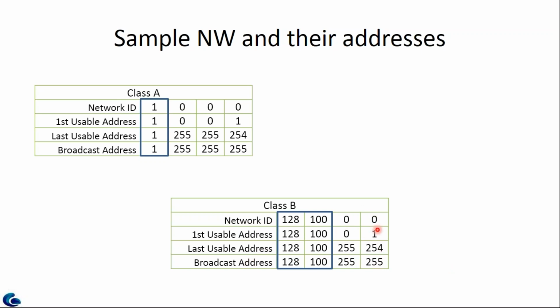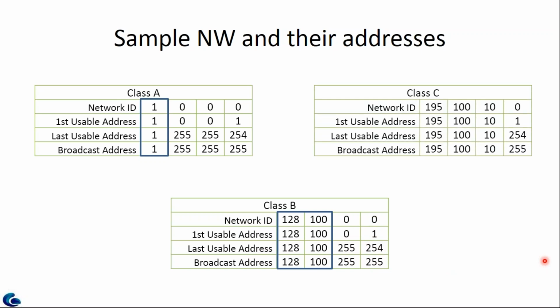So the first usable value is one above the network ID, and the last usable address is 255.254, which is one below the broadcast address. Now the class C address, something like 195.1.1.0. Obviously here 24 bits are the network portion. The host portion is just 1 byte. Nevertheless, because all are zeros here, it is a network ID, and where all are ones, it is the broadcast address.